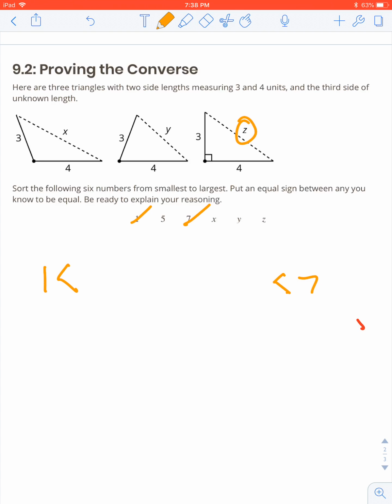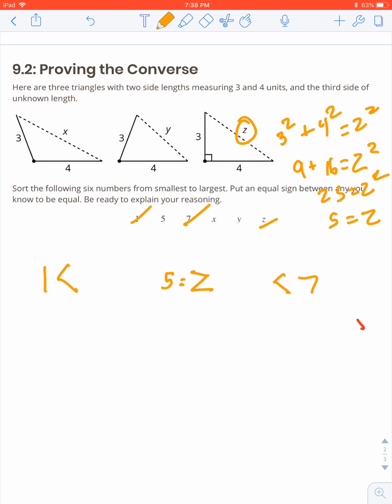When you do your 3 squared, and I'm not even going to do it because these are the same numbers as we did before, we found out that 3 squared plus 4 squared equals z squared. So 9 plus 16 equals z squared. So 25 has to equal z squared, so z itself has to equal, we take the square root of it, we get 5. So we have this nice thing in the middle: 5 has to equal z.